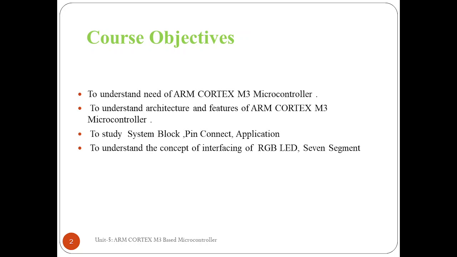How many of you know how you program any controller? When you do the programming, you are always trying to connect that program. When you are writing the program, you are playing with the registers. A register is 8 bit, 16 bit, or 32 bits.